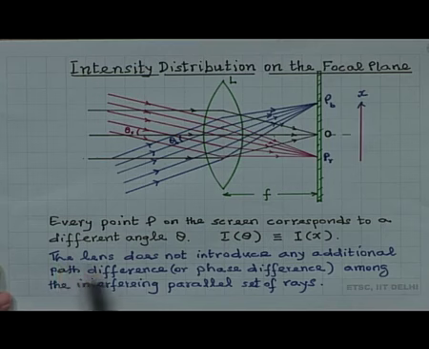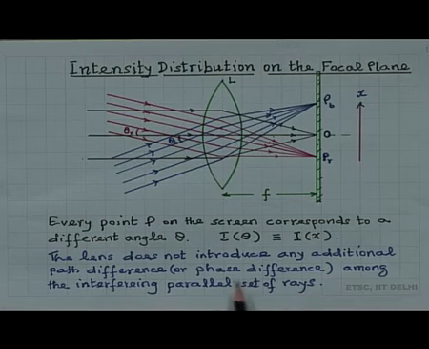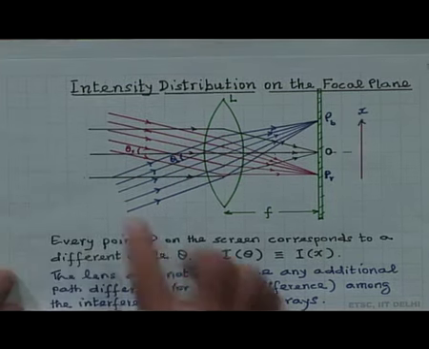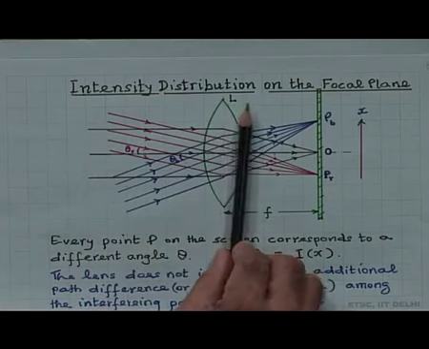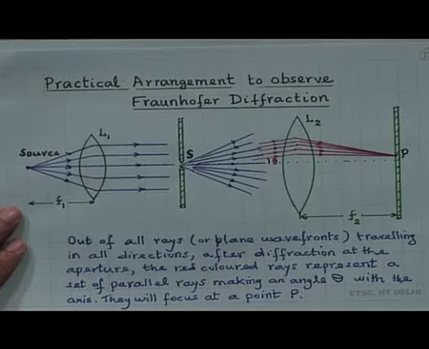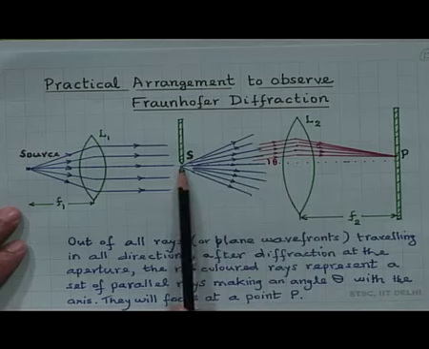So, the lens does not introduce any additional path difference or phase difference among the interfering parallel set of rays. This is an important sentence. So, I just want to explain this sentence a little bit more. There is a diffraction pattern coming beyond the aperture here. We showed the practical arrangement for observing Fraunhofer diffraction.